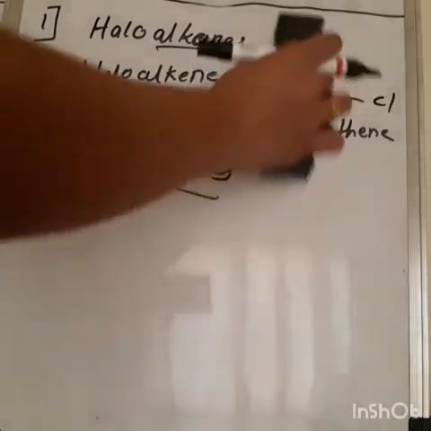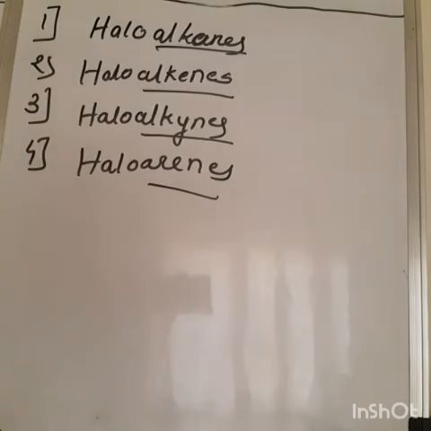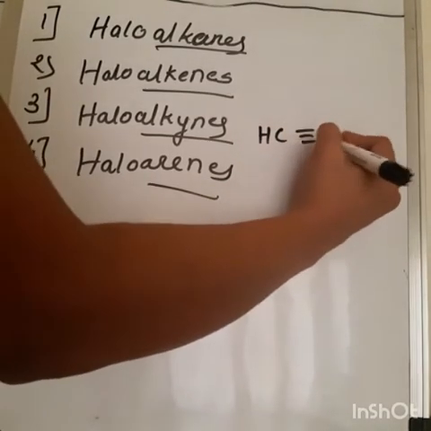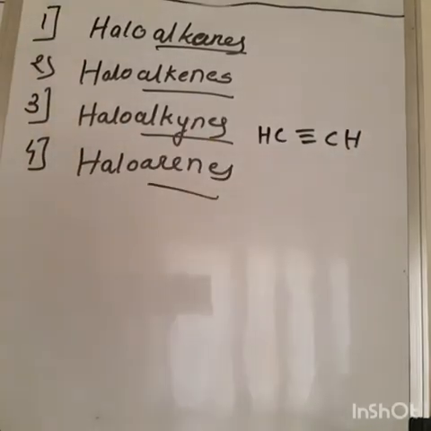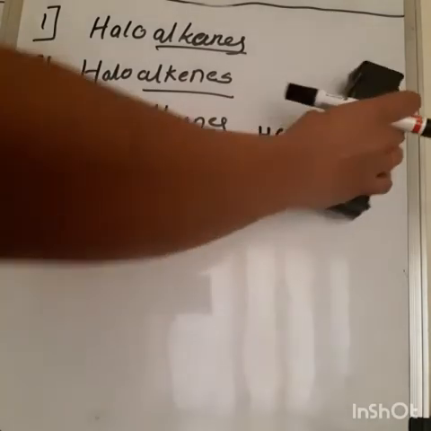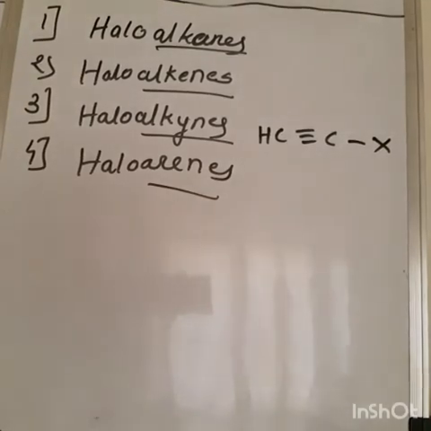Okay. So let's see haloalkynes. What are haloalkynes? These are the compounds formed by replacement of one hydrogen atom of an alkyne by a halogen atom. If one of the hydrogen atoms from an alkyne is replaced by a halogen atom, the formed compound is known as a haloalkyne.